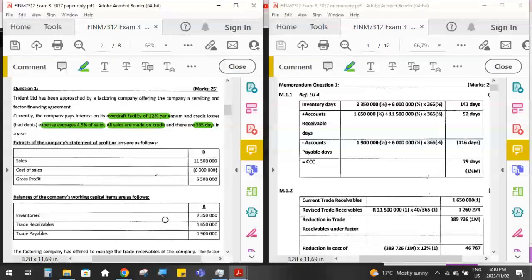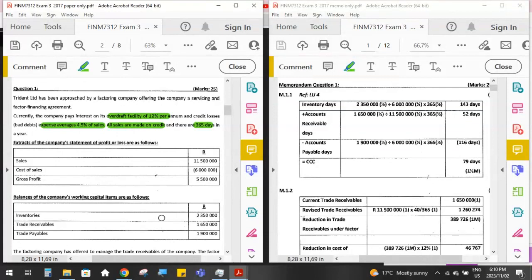If they give you 2 years worth of information, the current year and the prior year, then you have to add the two together and divide by 2, because the actual formula for calculating average debtors days, etc., stipulates that we will use the average balance in accounts receivable, etc.